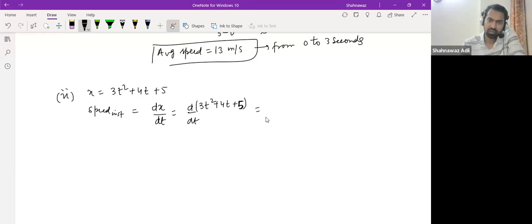So what would be the differentiation? Akib and Rishita, you calculate and tell me the answer. Yes, Rishita, are you calculating also?